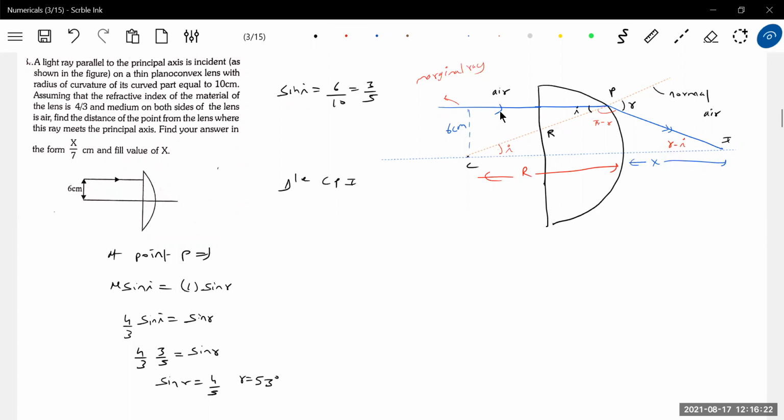Can we apply the sine rule? Applying the sine rule, sine of r minus i by CP should be equal to sine of pi minus r by CI.